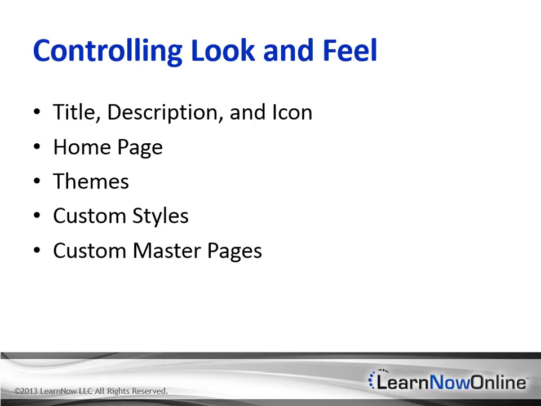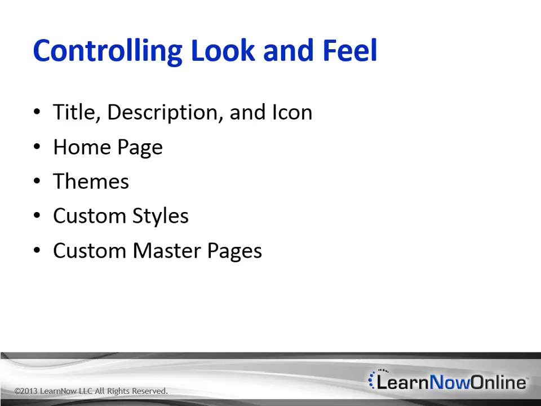And then the most involved route is to actually go in and do custom master pages. This is where you would go if you really need to change not just the look and feel but the layout. So you want different web zones, and that would involve not just master pages but actual page layouts. So you would have different templates for building pages that might have the different web part zones on them arranged in different ways.